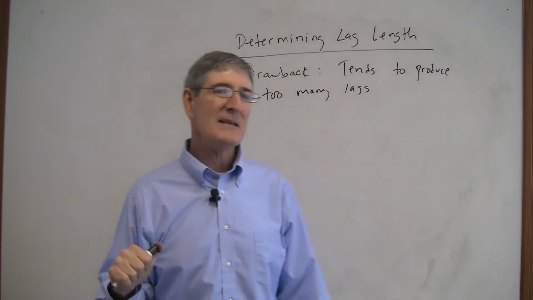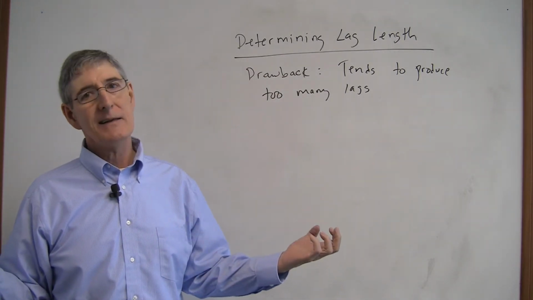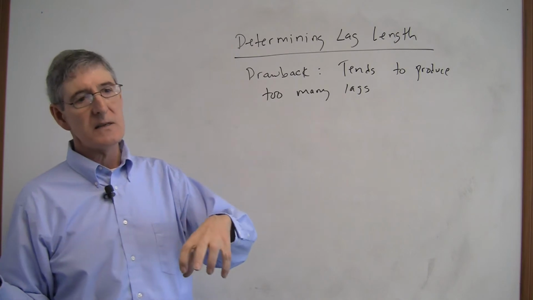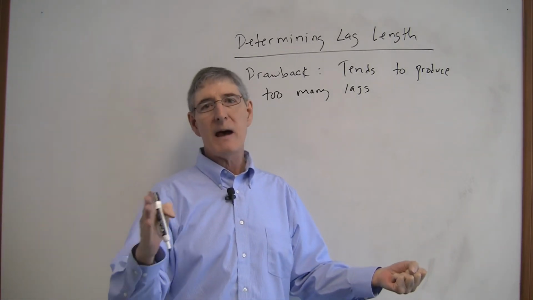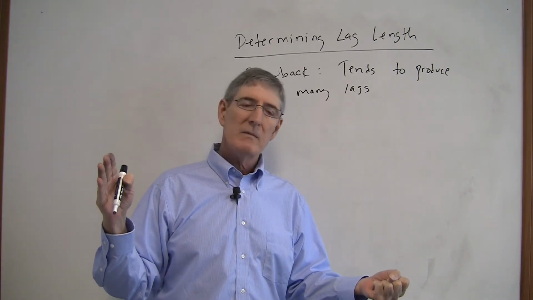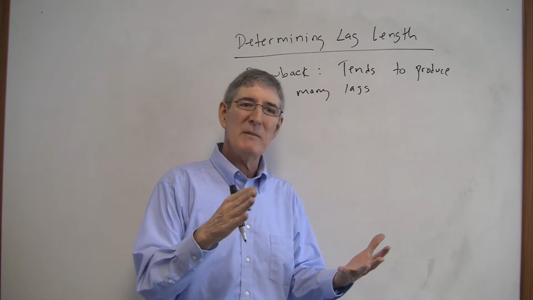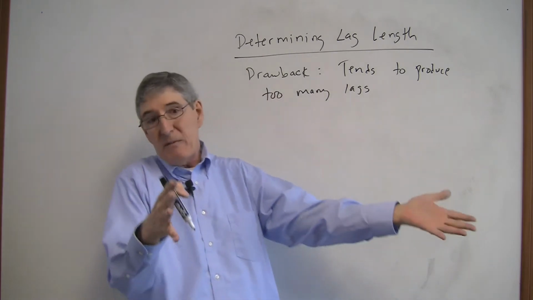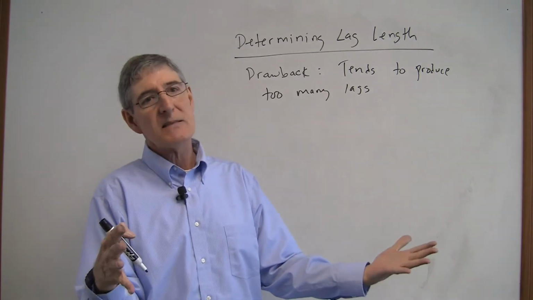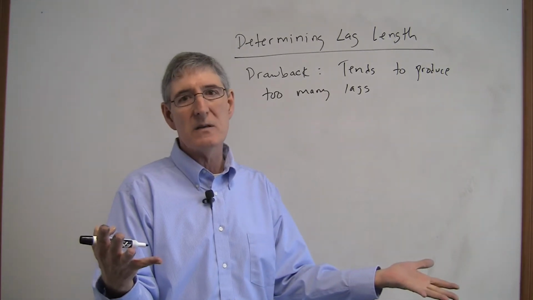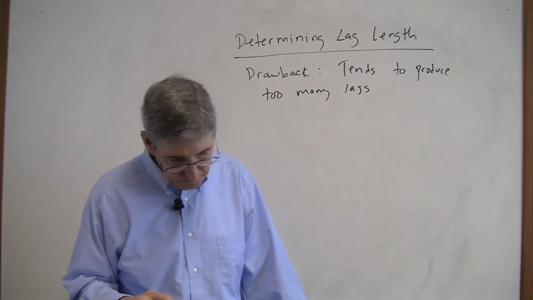The reason is that just out of randomness, you're likely to find that a coefficient's non-zero. So if I start with 20 lags and I only need 2, and I start going back, the statistics are that probably one of those lags is going to be non-zero. I'm going to end up with, maybe, the 10th one being non-zero just because of randomness. Then I'm going to end up estimating an AR10 when an AR2 would do, and it's just not going to be a very good model.